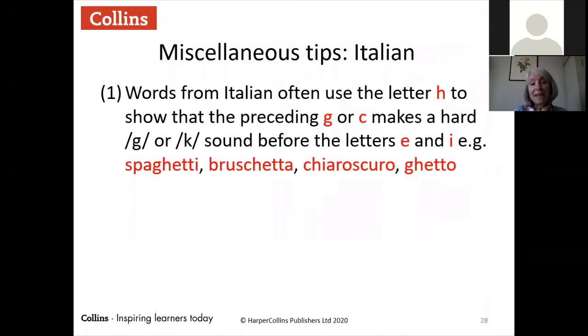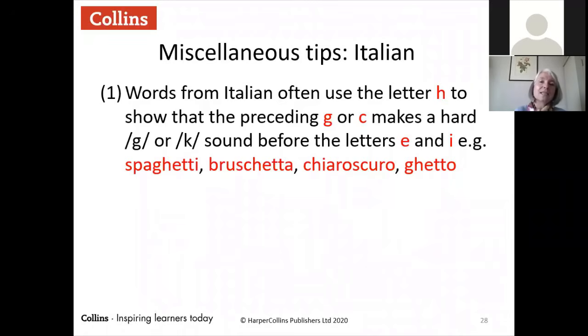Words from Italian often have a silent letter H in them to show that the preceding G or C makes the hard G or K sound before the letters E and I. So for example, words that you'll be very familiar with, spaghetti, that H there is telling us that the G is G, not J. Because normally if you think about GE in English, it says J, like gem.